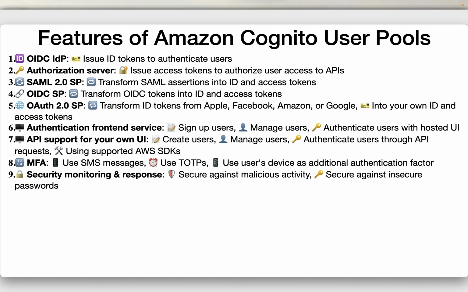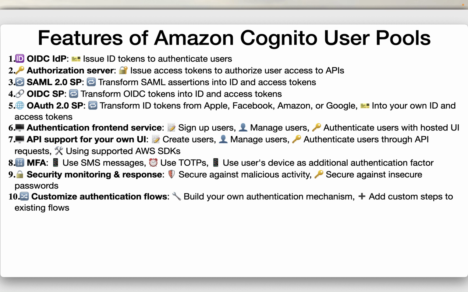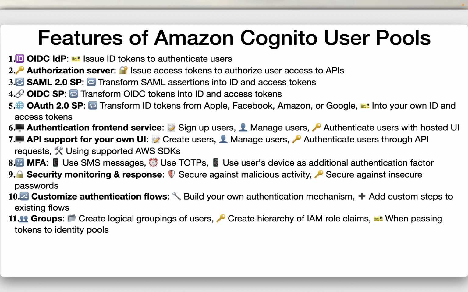Security monitoring and response, to secure against malicious activity and insecure passwords. Customize authentication flows: you can build your own authentication mechanism or add custom steps to existing flows. Groups: you can create logical groupings of users and a hierarchy of IAM role claims when you pass tokens to identity pools.